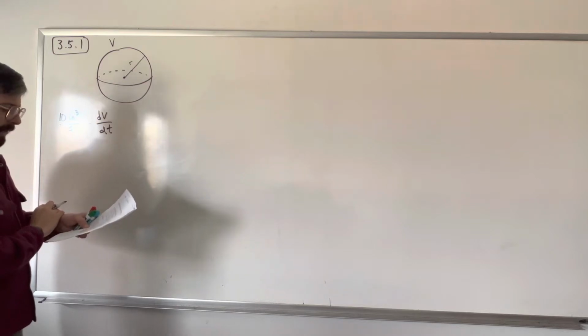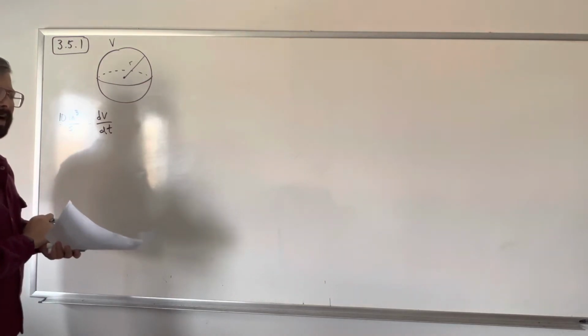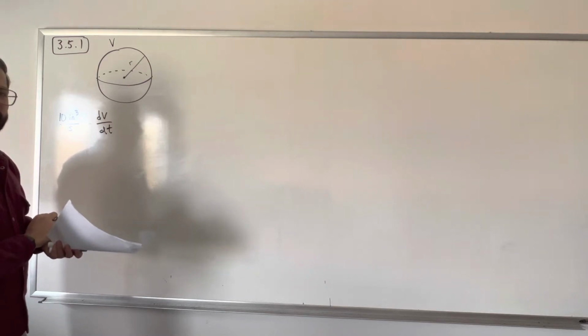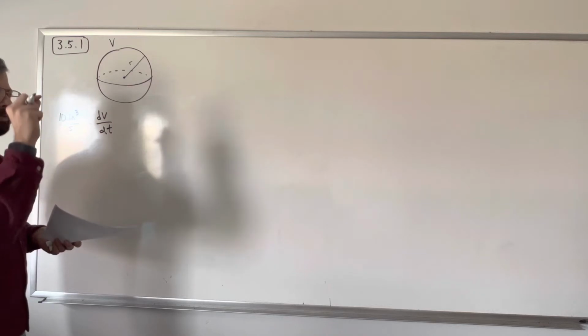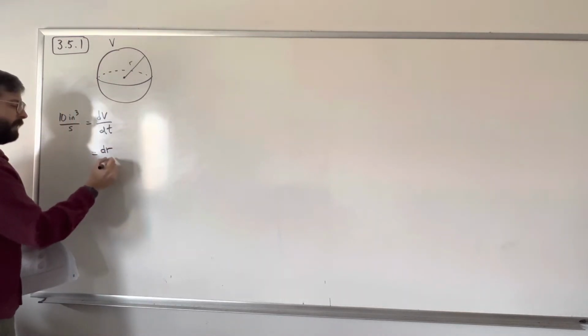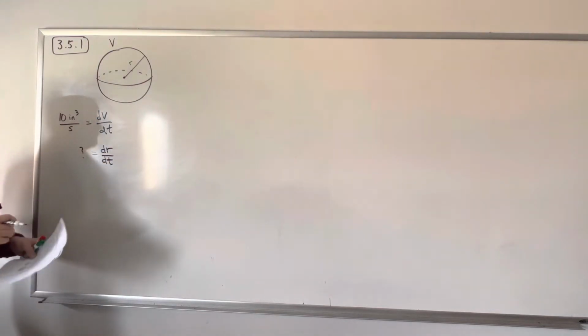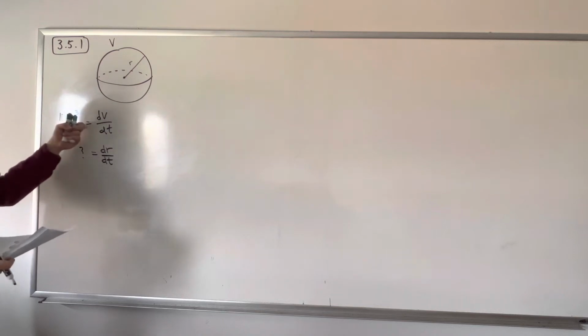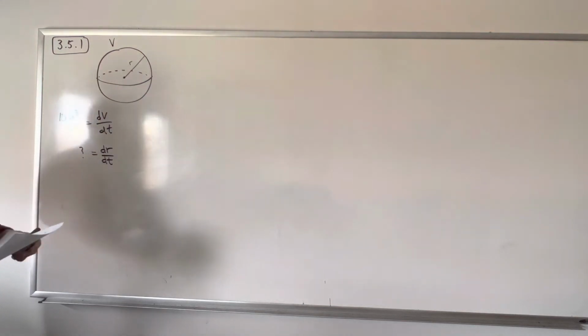The question's asking, how fast is the radius changing? There's another key word there. How fast is a rate, which means how fast something's changing, the change per unit time. So how is the radius changing with respect to time? That's what we're after. I have this, I'm looking for this, and I need something that relates the two.